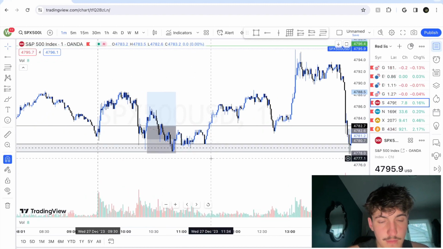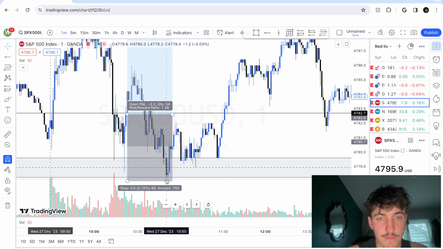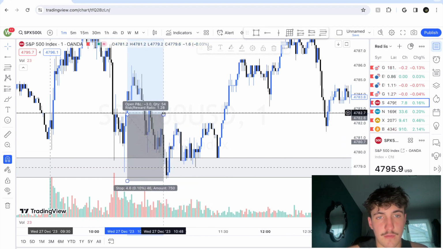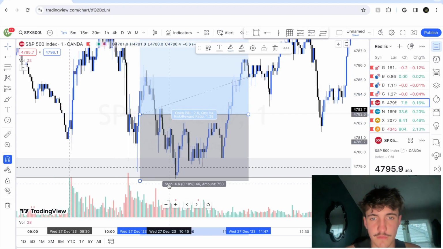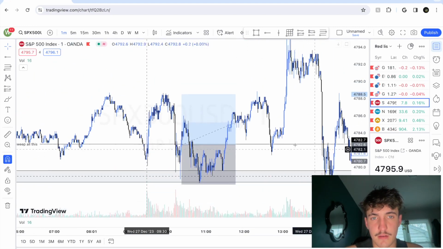And what do we do? I mean, personally, I don't know how I'd feel. I'd get really scared if we came down. Well, obviously we go up, come back down, but you see, we wouldn't get stopped out. That's why you want to give it some room. You don't want to set it right under the fair value gap. And then eventually, I mean, it would have hit.